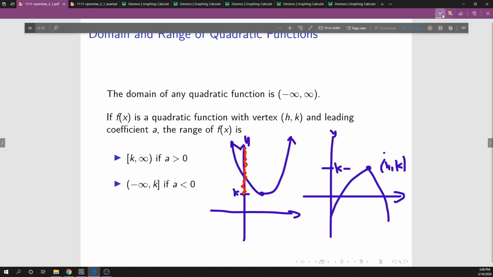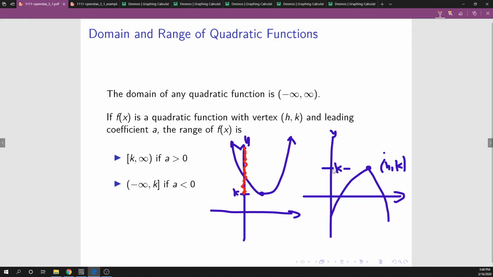And then just looking where the graph is located, it would be from k down. So that would be from minus infinity to k. That's if the parabola opens down. And again, another way to phrase that, as we mentioned in the previous video, is if the leading coefficient is negative. Okay, so that's the situation for the range.